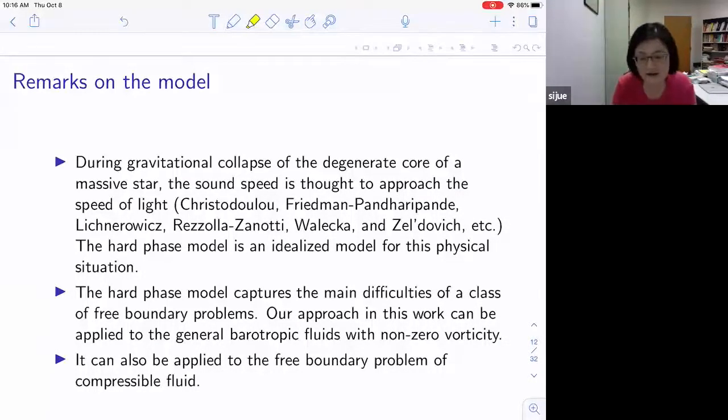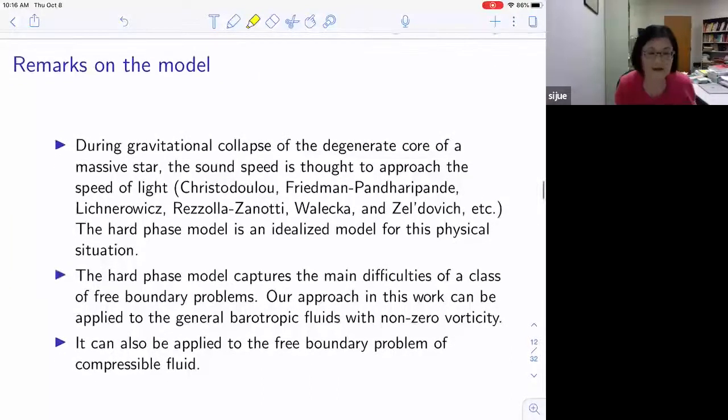So why is this fluid model relevant? If you look at the general relativity literature, there's a description that during the gravitational collapse of the degenerate core of a massive star, the sound speed is thought to approach the speed of light.